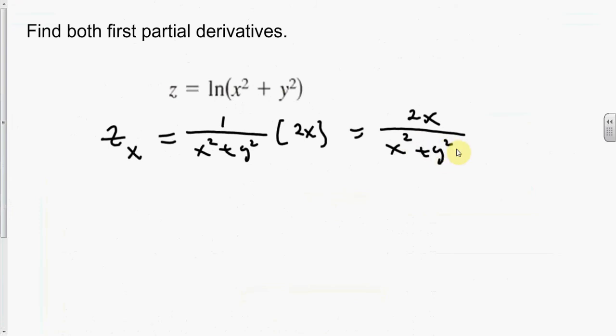Now do you see that the natural log of x squared plus y squared is symmetric? If you do, then the partial of z with respect to y is 2y over x squared plus y squared. Are you with me? Okay.